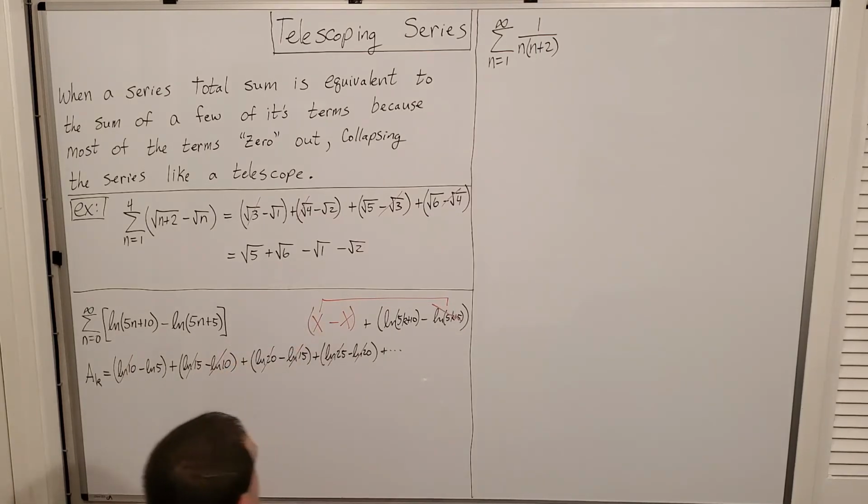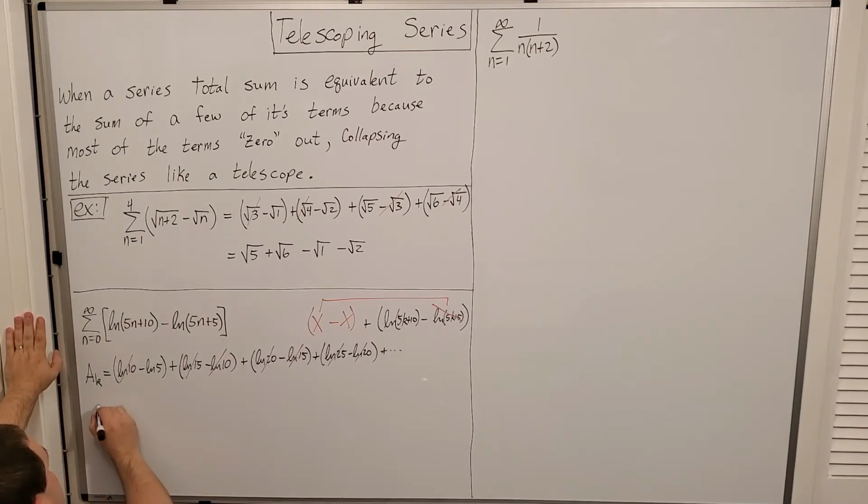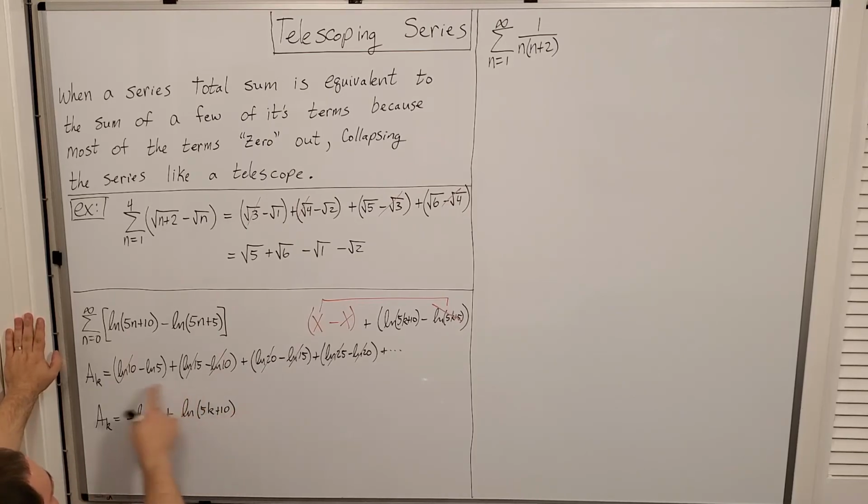Okay? So now what am I left with? I can actually say that a sub k is equal to negative ln of 5 plus the ln of 5k plus 10. And that's going to be any of the partial sums. Now, if I want to discover the series total, I'm simply going to take the limit of the partial sums as k goes to infinity.